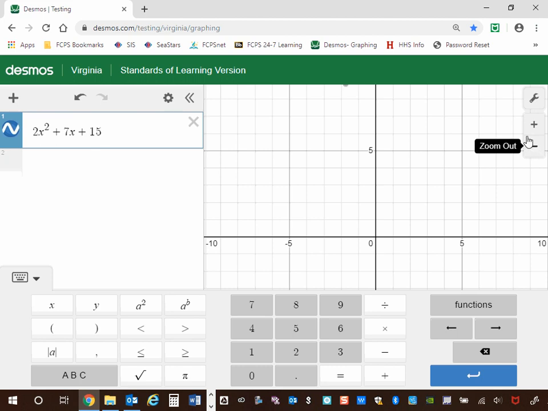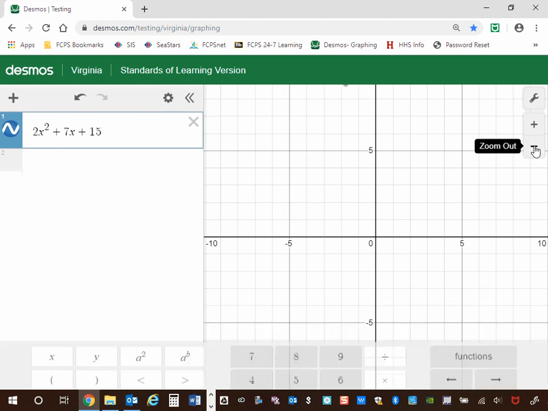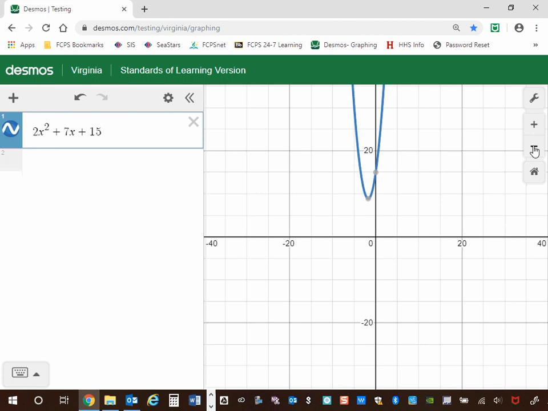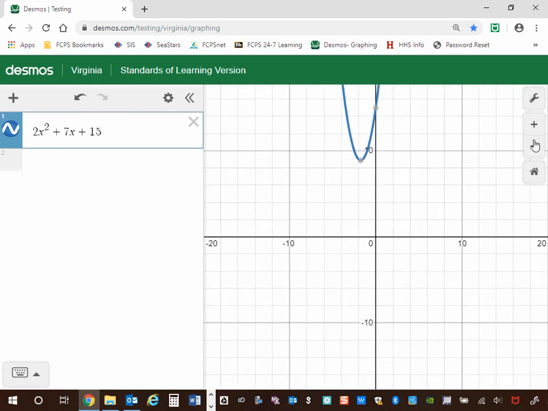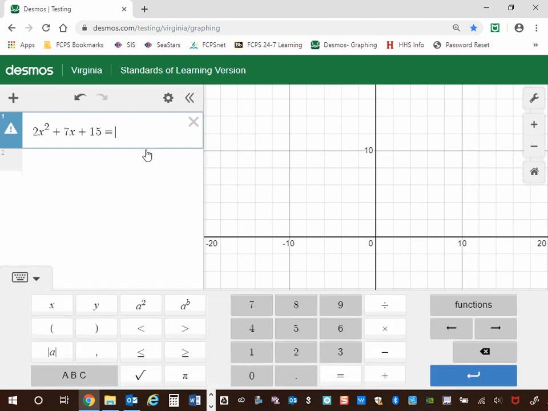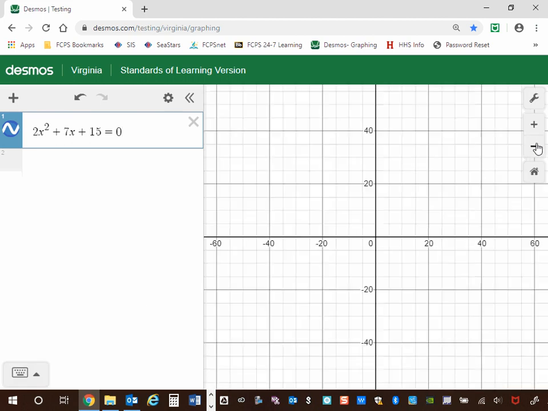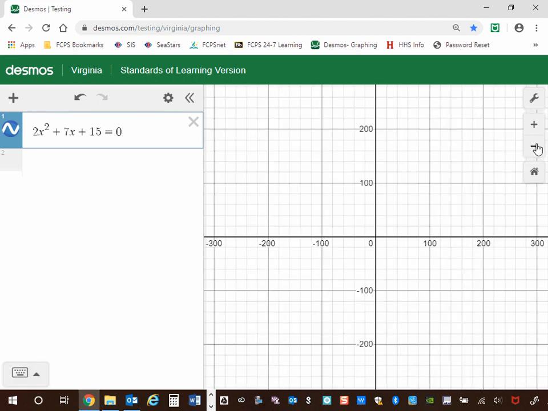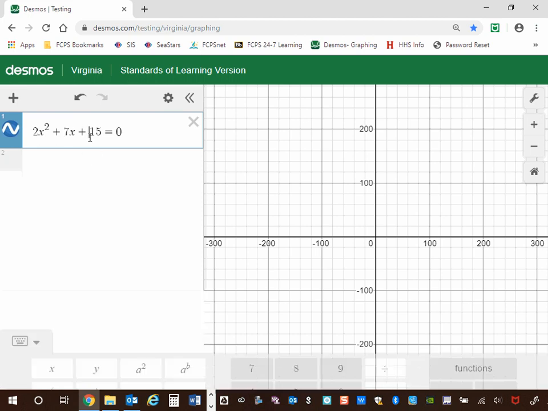Do you guys see it in the grid? So that means we have to zoom out a little bit. Equals 0. Wait, minus 15.